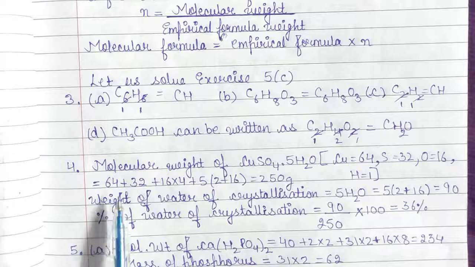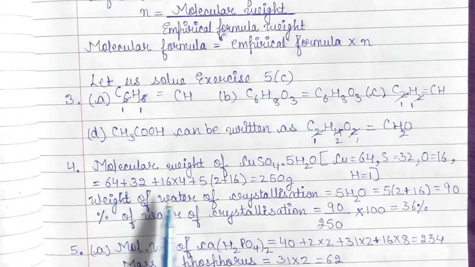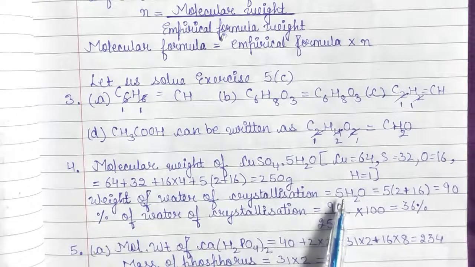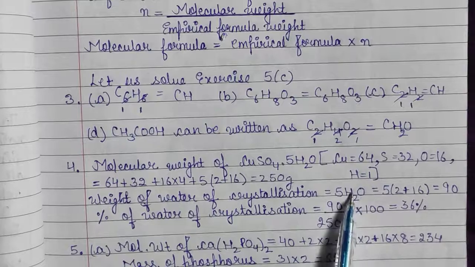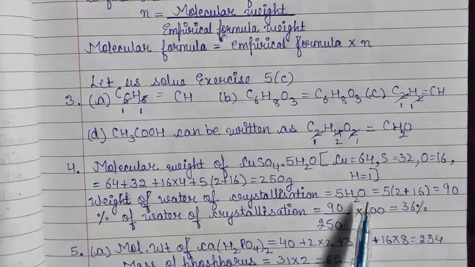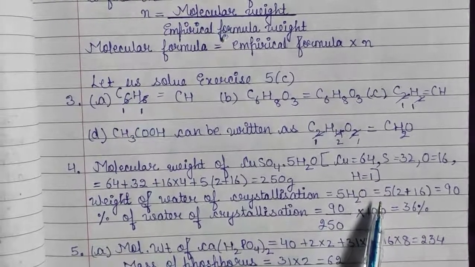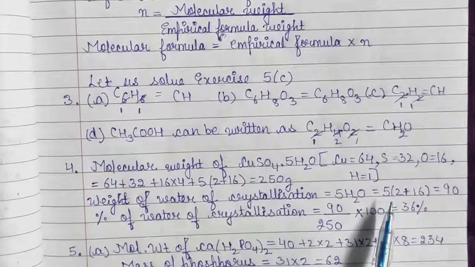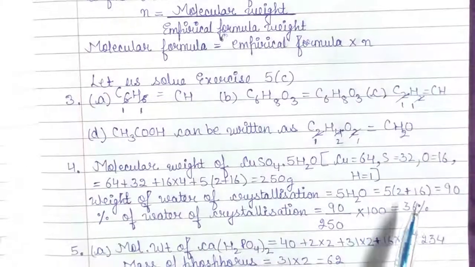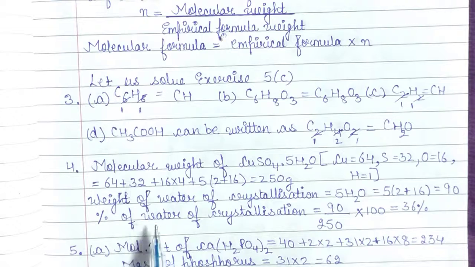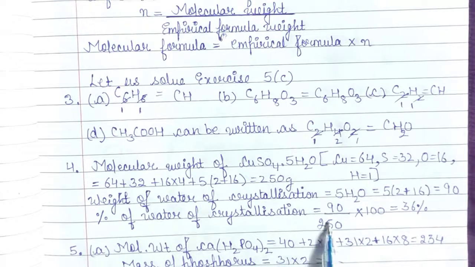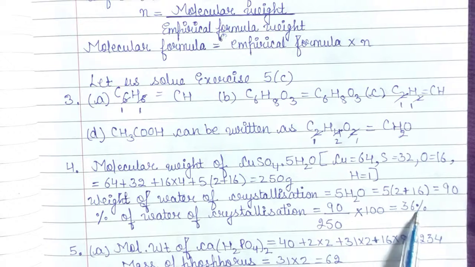Now we will write the weight of water of crystallization, that is 5H2O. We will find the molecular weight of 5H2O. It will come to 90. Now, the percentage of water of crystallization is equal to 90 divided by 250 into 100, that is equal to 36%.